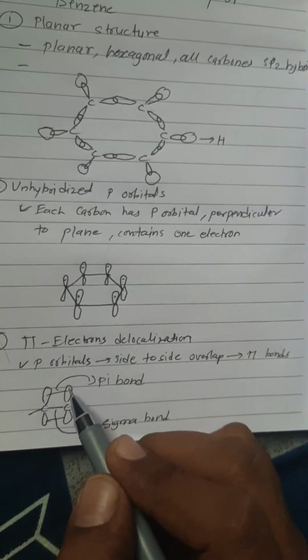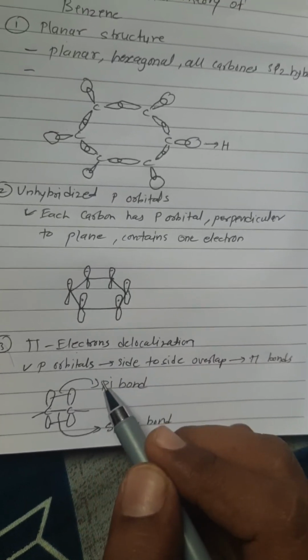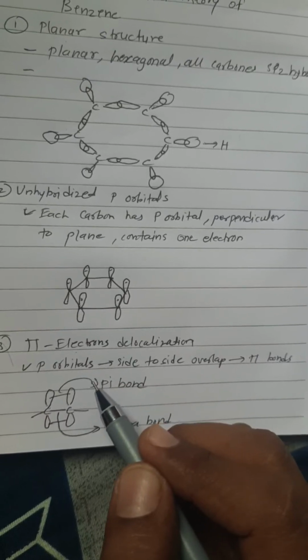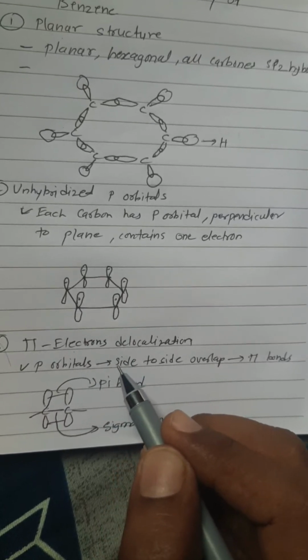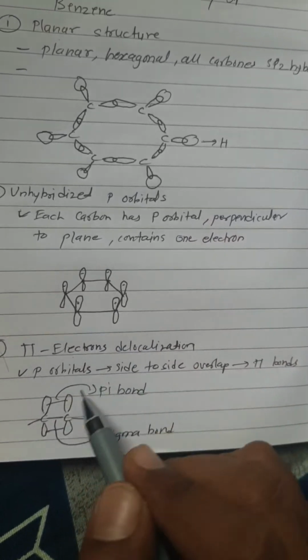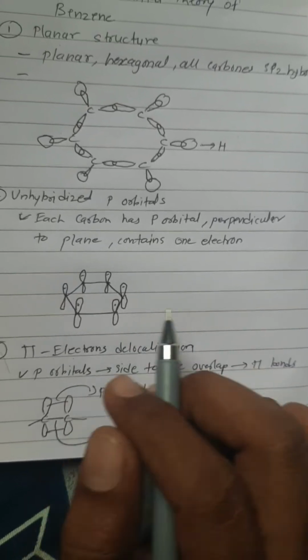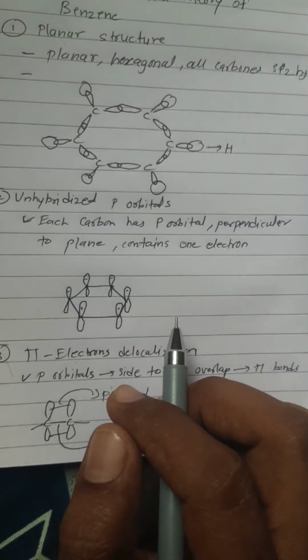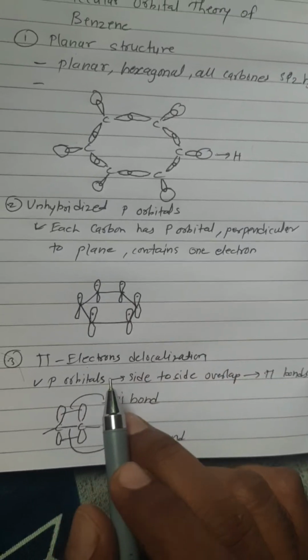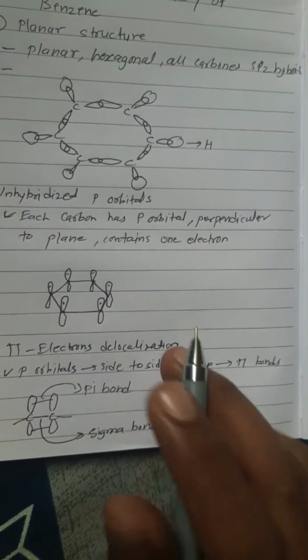Now these 3 pi bonds are not fixed, they are delocalized, meaning the electrons are moving in the ring. The position of the pi bond is not fixed, it is rotating, that we saw in the resonance. So the next point is that pi electrons are delocalized.